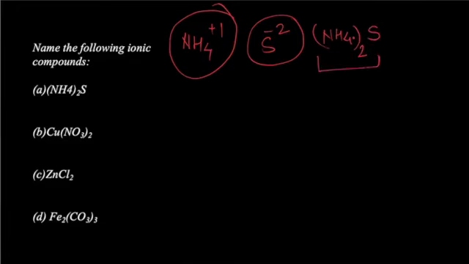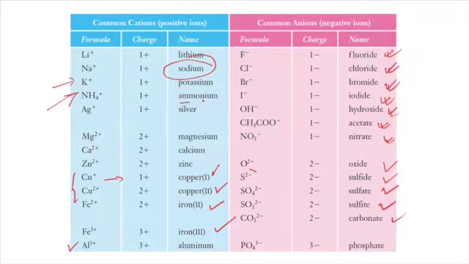We have to name them, right? So first we have to name with the cation. Which is the cation here? Which is cation? NH4 or S? NH4, right? NH4 is our cation because that is positively charged, right? So first we have to name that, right? So when naming this, we have to start with the cation. So NH4 is what? Ammonium.